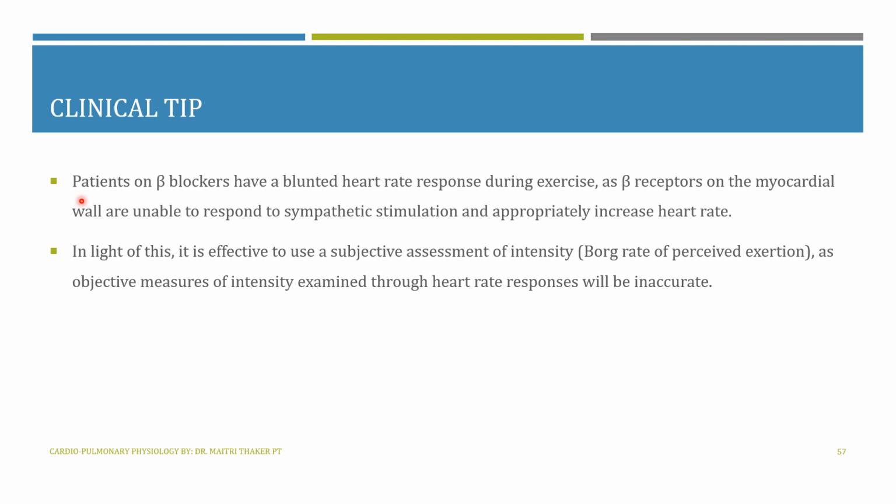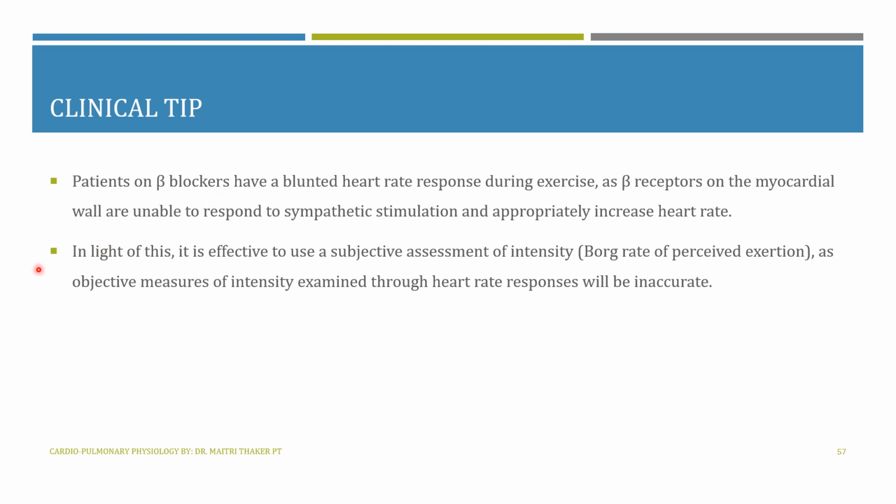So whenever the patient is taking the drug while exercising, the patient's heart rate will not increase up to a certain level. This is because of the blockage of beta receptors. The hormones from the sympathetic nervous system, that is adrenaline and noradrenaline, cannot bind to the muscle, they cannot bind to the coronary arteries, and because of that the heart rate cannot increase.